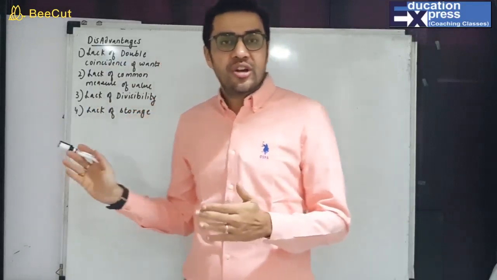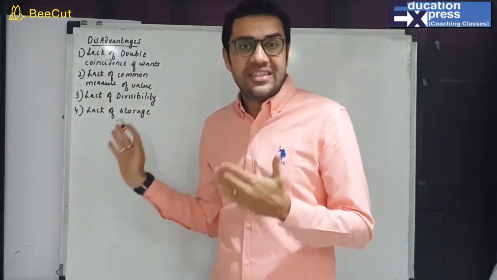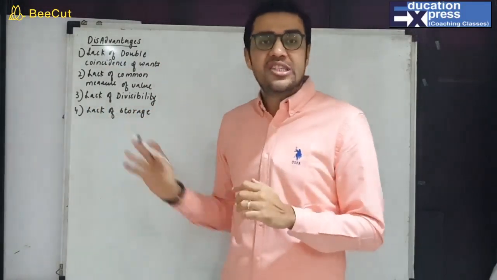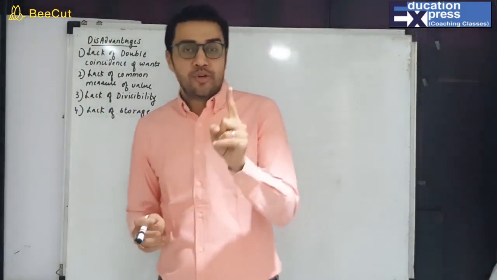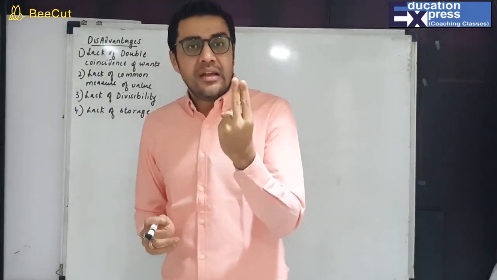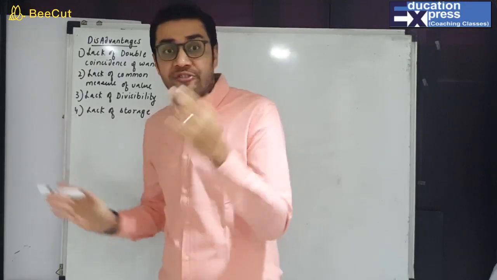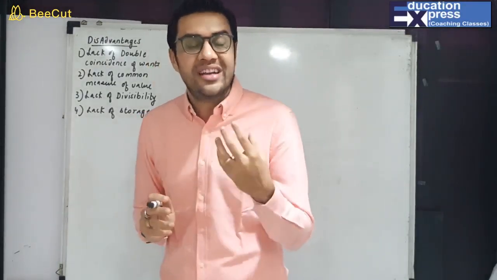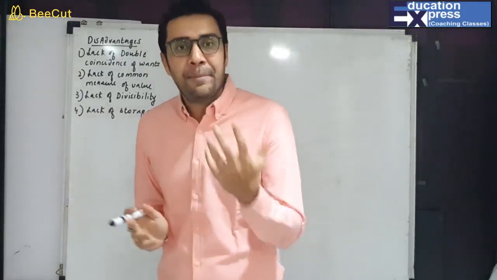Plus goods could get damaged. Because they are perishable, goods could get damaged, and plus storage का cost लगता था. So एक तो storage का अलग से cost. Second thing, the value of the goods will get decreased, and third thing, the goods can get what? Destroyed because they were perishable.